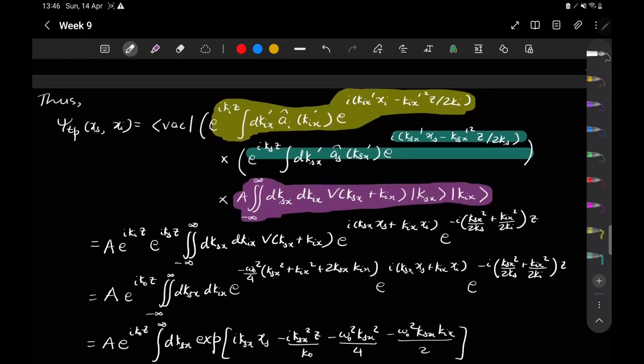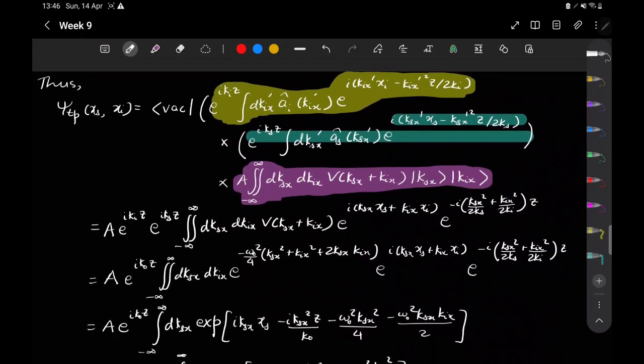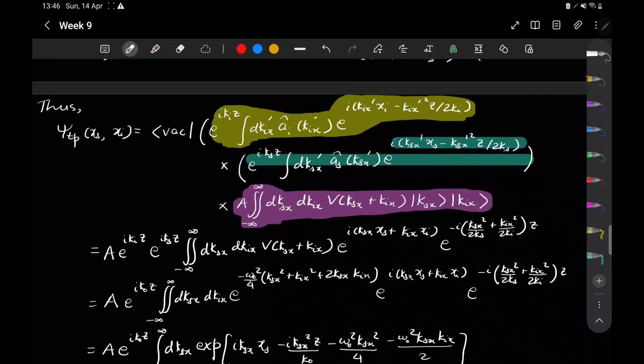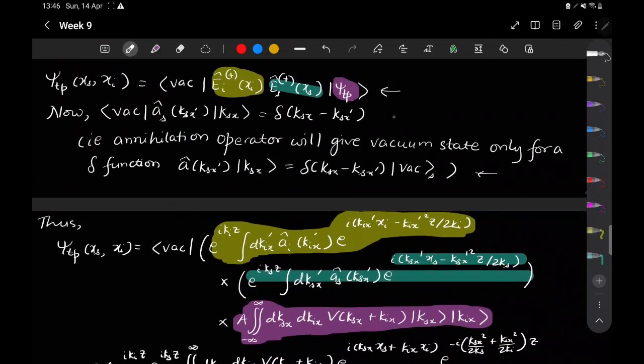Okay, so then what we do is we just expand it. We make use of this delta function or operation of the annihilation operator.